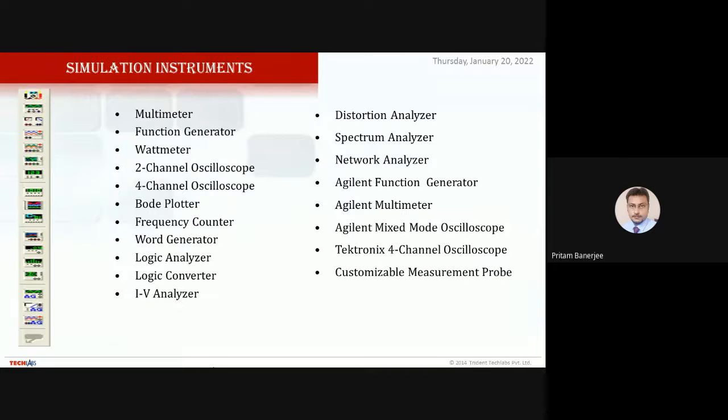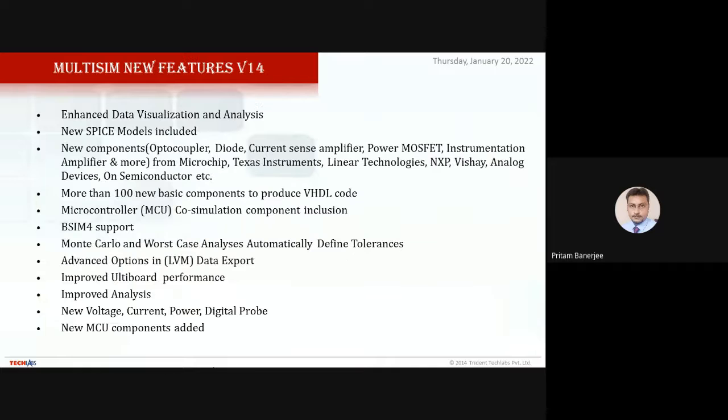Because to get the output, we might require some instruments to view the waveforms. We might require the function generator to give the input signal, either sine wave, sawtooth wave, or square wave. All those instruments, whatever we used in the lab, will also be available.